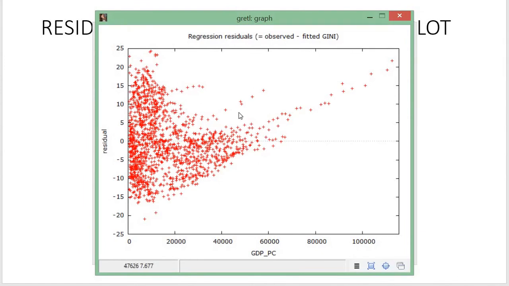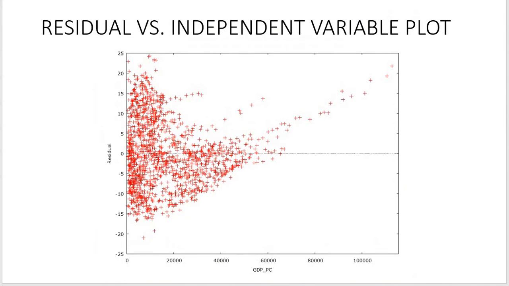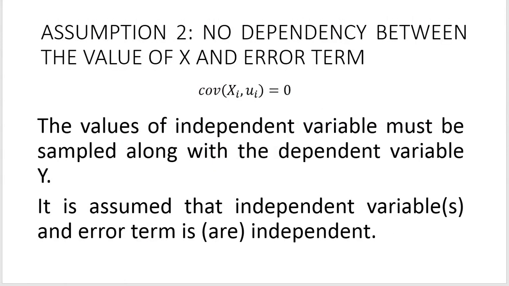Again, this is by no means any kind of formal analysis, but sometimes visual analysis of the data might be helpful. The second assumption tells you that there should be no relationship, no dependency between the value of x and the error term. So they should be independent from each other.